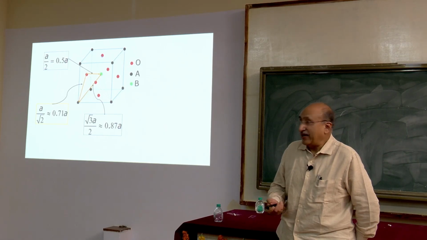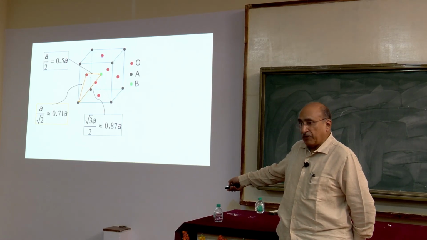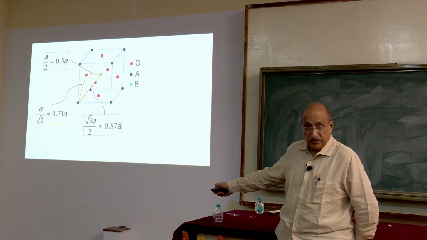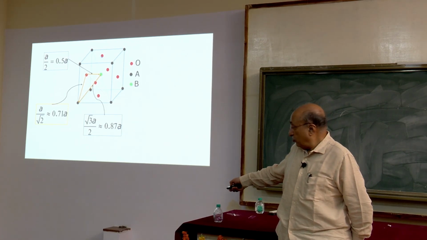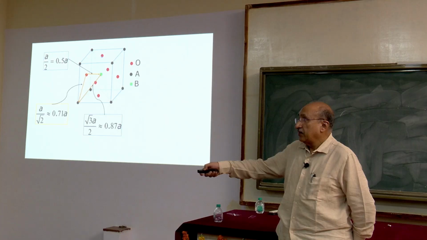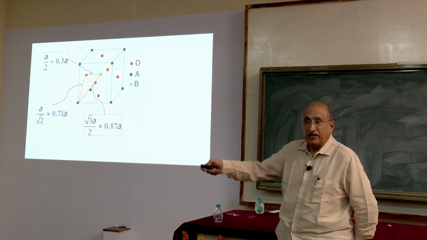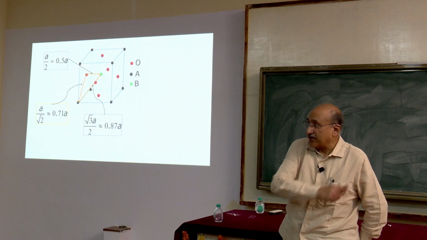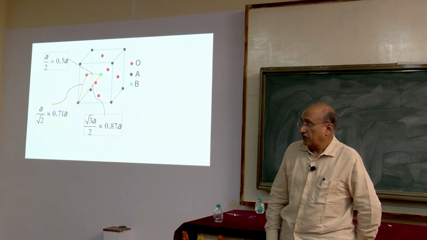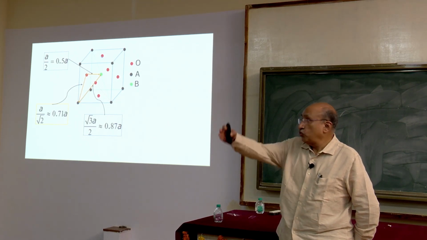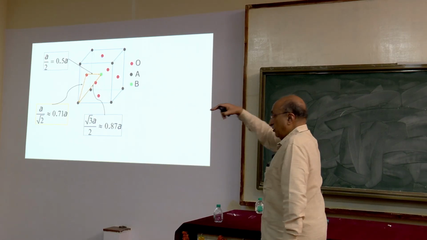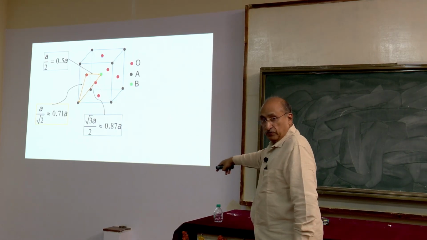In fact, this happens even in an FCC lattice. If you take an FCC lattice, here if you take this particular point, these are supposed to be close packed, it has to have 12 nearest neighbors. You take this particular point, this point at this particular face center is the nearest neighbor, which is at a by root 2. This distance is a, which is larger. How many such nearest neighbors will be there? You take this particular direction. 1 wall, 2 wall, 3rd wall, 4th wall.